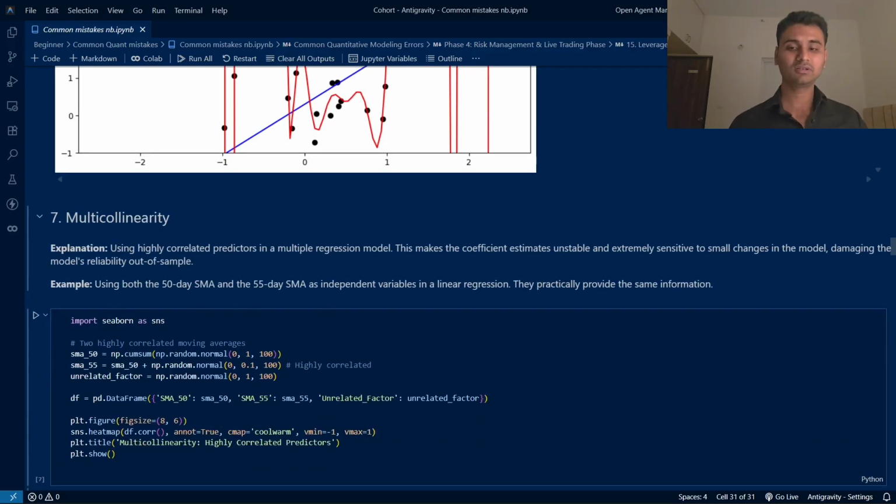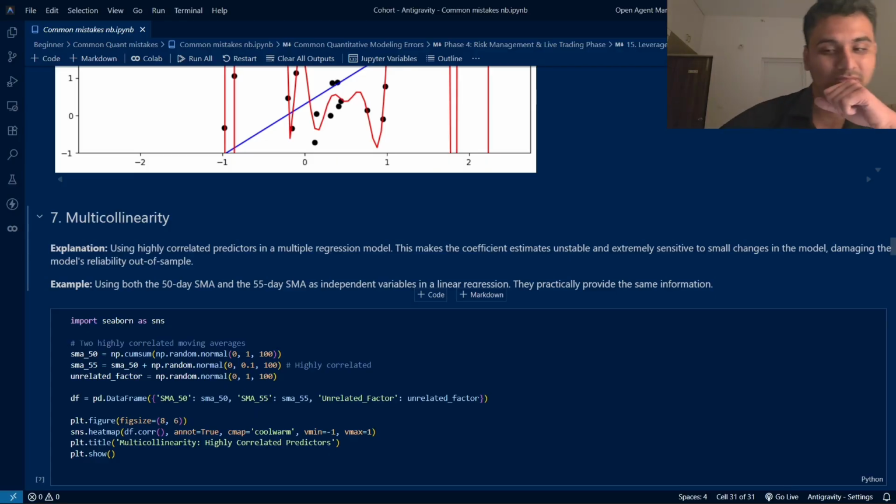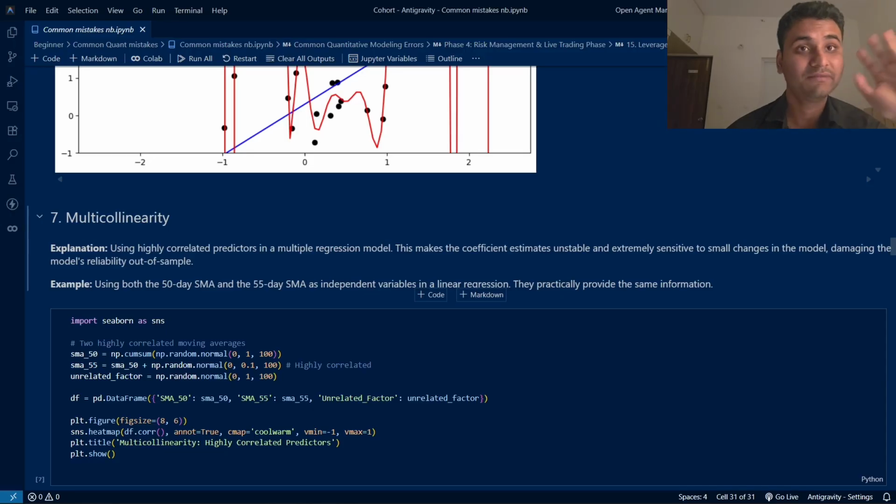Now, continuing on to multicollinearity. What is multicollinearity? It's basically a fragility test. It's like making your model really fragile. Let's assume you were testing SMA, and the example is of SMA as well. Assuming that your optimized parameter was 50 SMA, and you think it's a robust parameter, right?